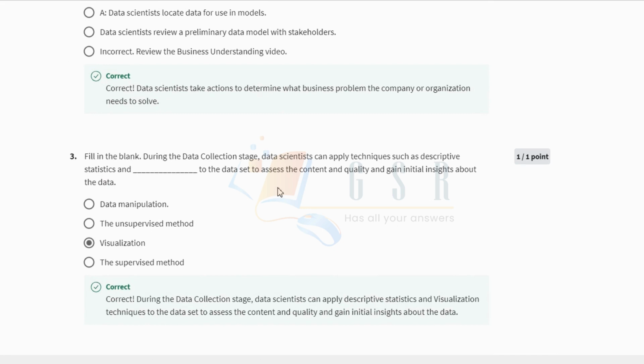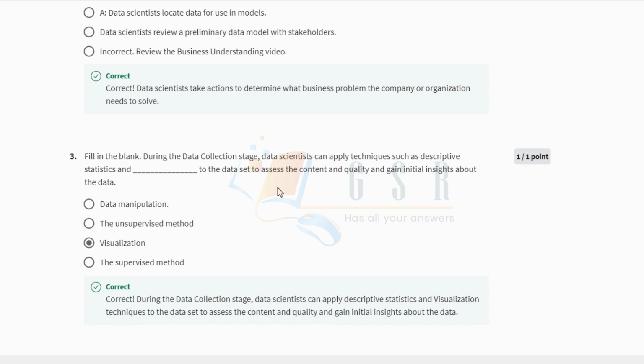The third is: during the data collection stage, the data scientist can apply techniques such as descriptive statistics and visualization to the dataset to assess the content and quality and gain initial insights about the data. We have discussed this previously also.